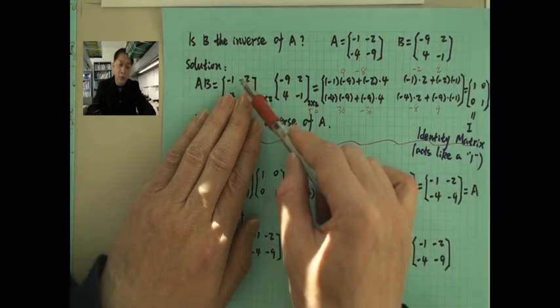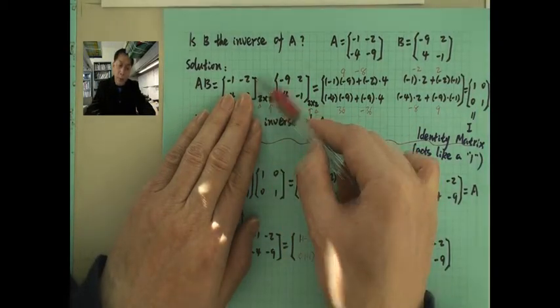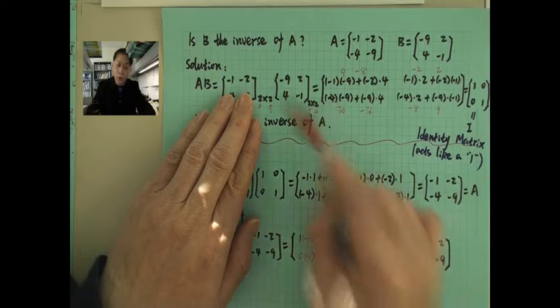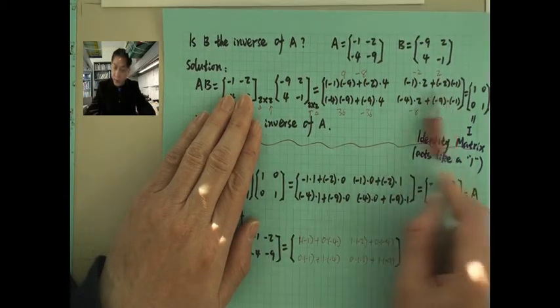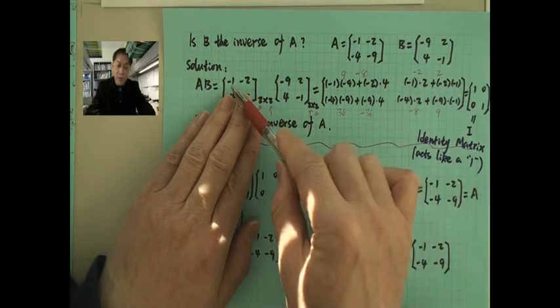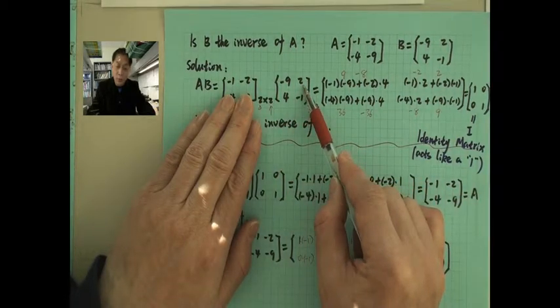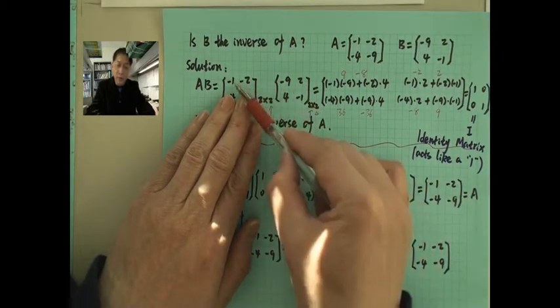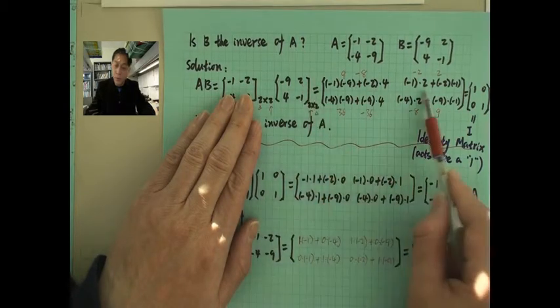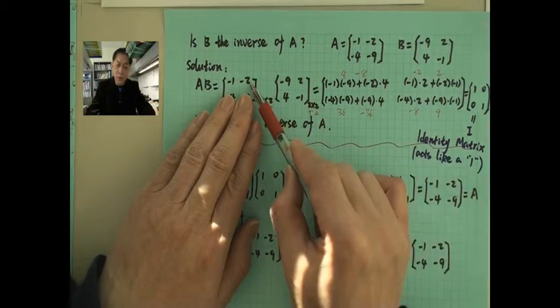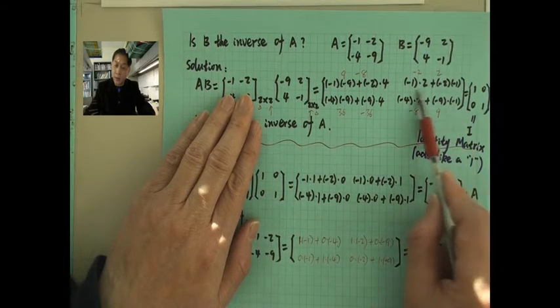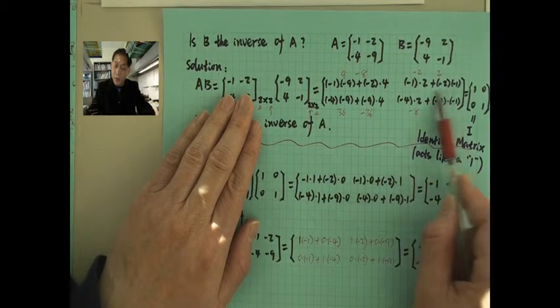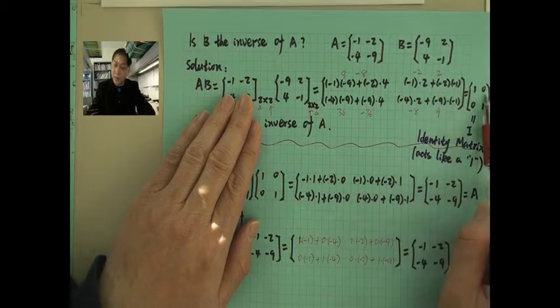Now it's our turn to do row 1, column 2, which goes to row 1, column 2 right here. Negative 1 times 2 is negative 2, and negative 2 times negative 1 is positive 2. Add together is 0. So 1, 0.